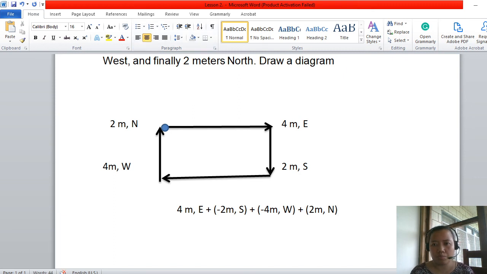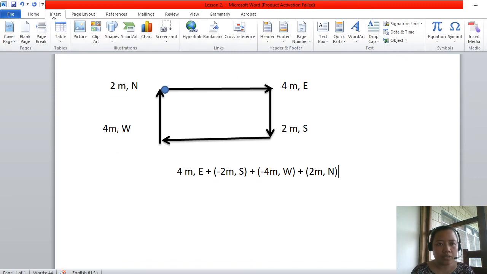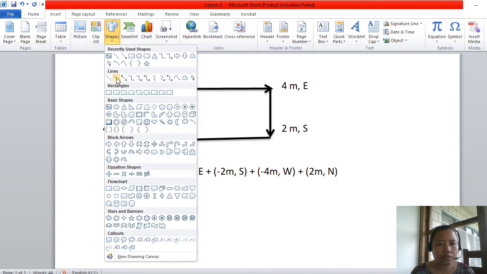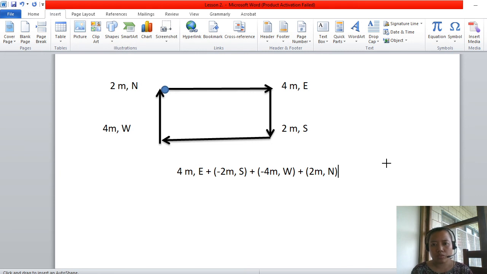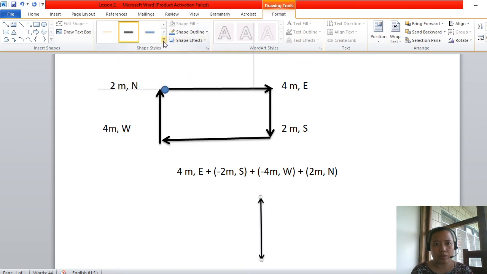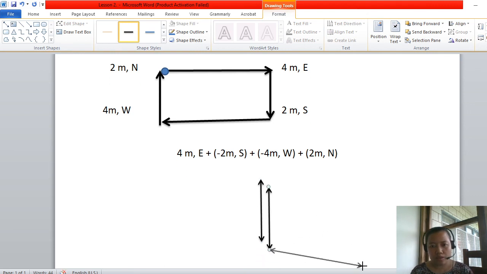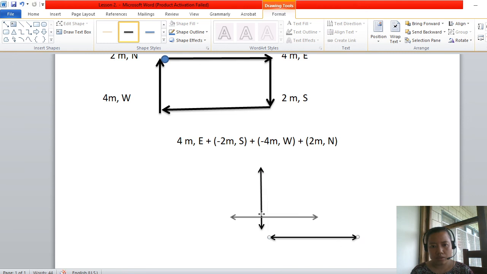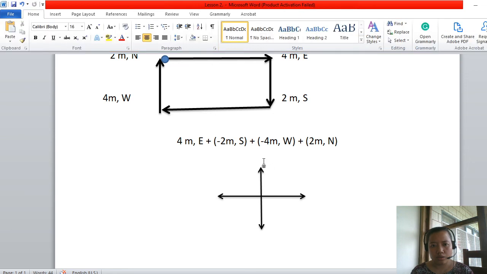Okay, so always remember that in our Cartesian plane, we should always remember that north is always positive, south is always negative, and then west is always negative, and then east is always positive.